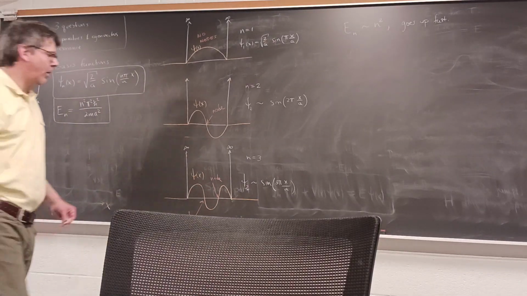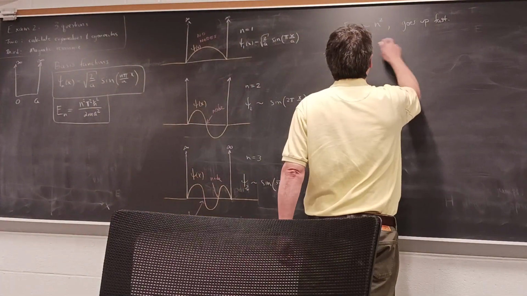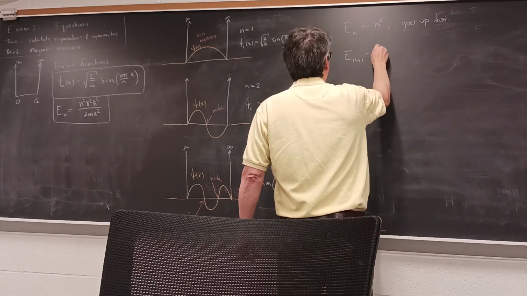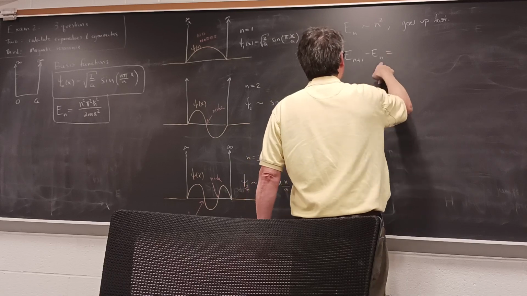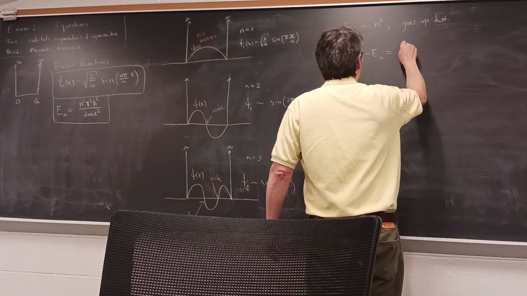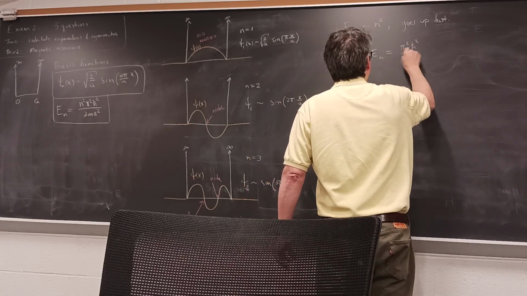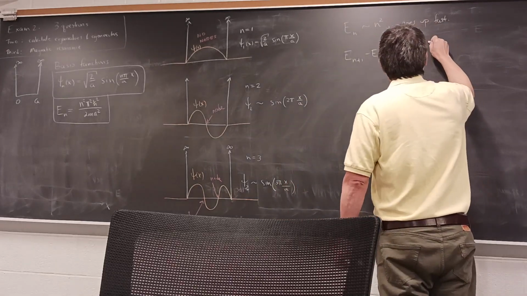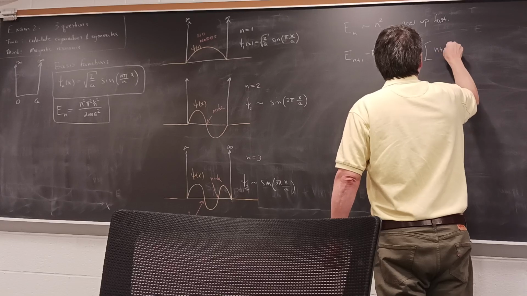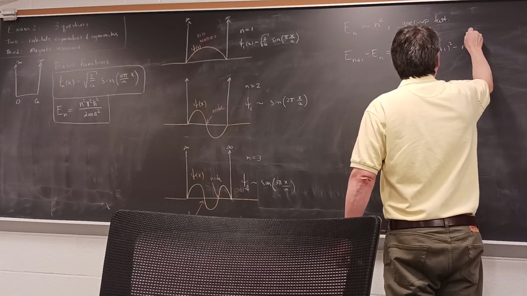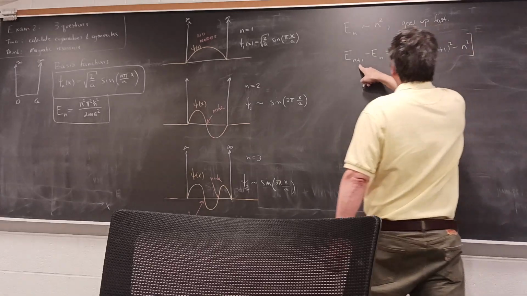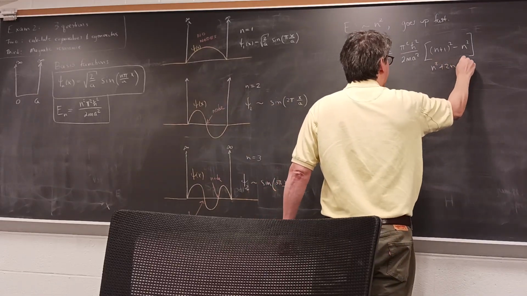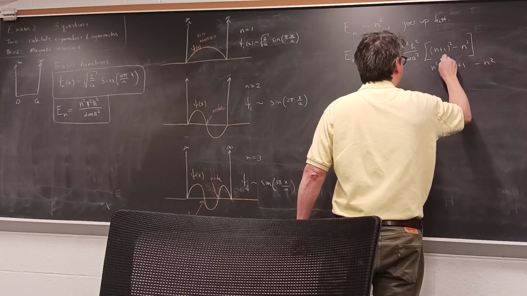So if we square it, well, let me show you how the energy goes up. We can look at E sub n plus 1 minus E sub n and see the difference between states. We'll have this overall factor of pi squared h bar squared over 2ma squared come out there, and then we'll have n plus 1 squared minus n squared. I'm just plugging in n plus 1. So this is n squared plus 2n plus 1 minus n squared.